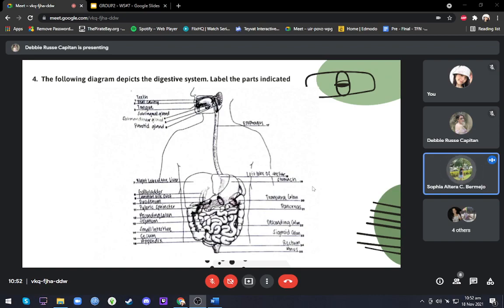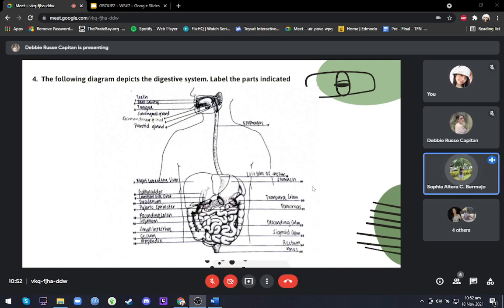Number 13 is jejunum. 14 is small intestine. 15 cecum. 16 appendix. 18 left lobe of the liver, 19 stomach, 20 transverse colon, 21 pancreas, 22 descending colon, number 23 sigmoid colon, 24 rectum, and 26 anus.